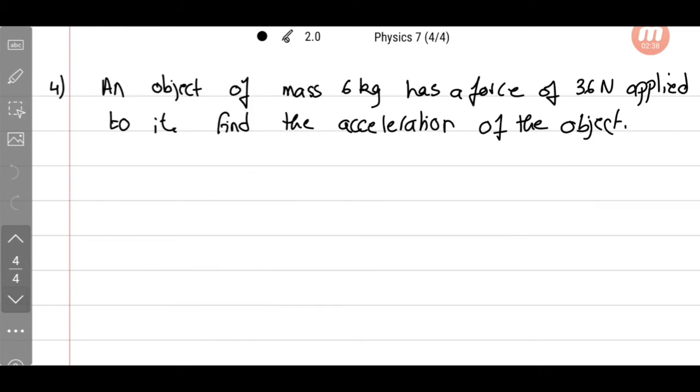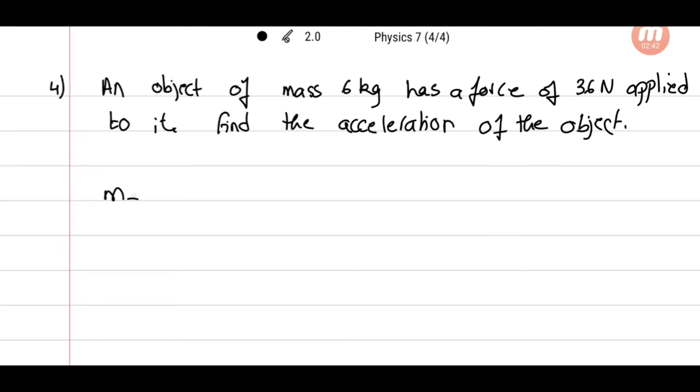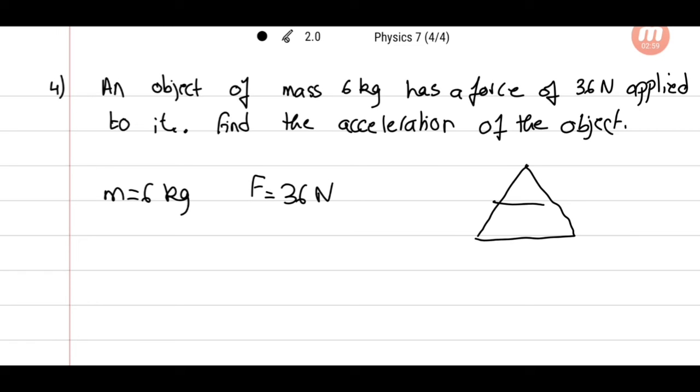Another exercise. An object of mass 6 kilograms, so I have m equals 6 kilograms, has a force of 36 newtons applied to it. F equals 36 newtons. Find the acceleration of the object. I need to find the acceleration. So F equals ma, and I need to find a.